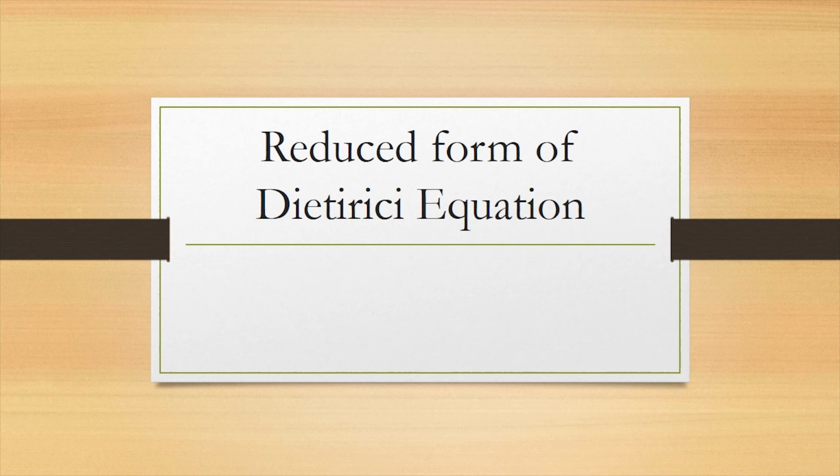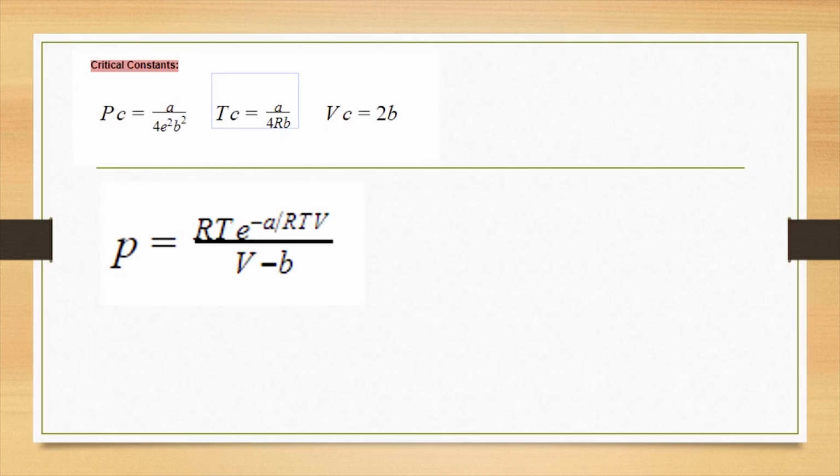So we are going to perform the reduced form of the Dieterici equation. First we have the critical constants. We have Pc is equal to a over 4e squared times b squared. Then Tc is equal to a over 4 times R times b.